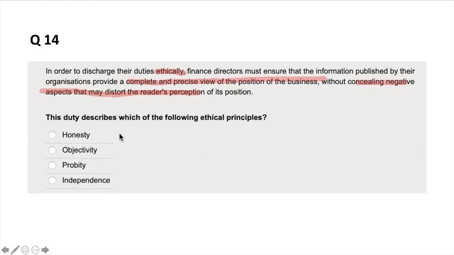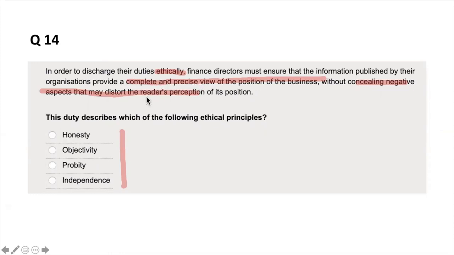Now, they're all ethical principles here, all of them, and it's important to see which one applies mostly. Of course, a finance director needs to be honest, needs to be objective, needs to have probity, and also be independent. But here, the question is, the finance director must ensure that information published by the organizations provide a complete and precise view. That means that someone is competent, not just honest.